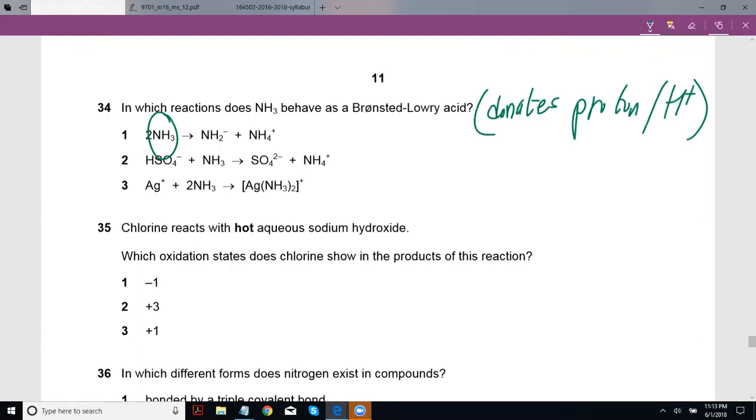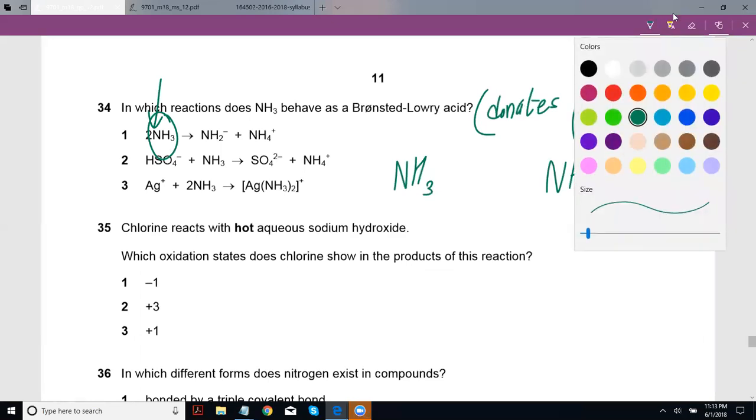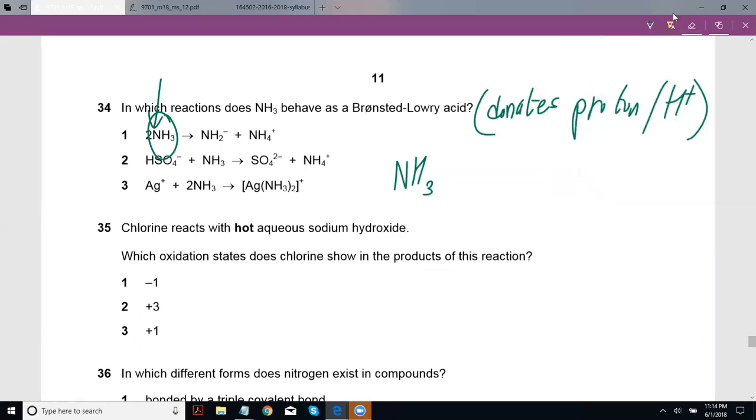So in a way, if you think about it, you have 2 moles of NH3. To better explain, let me just draw this in a different color.